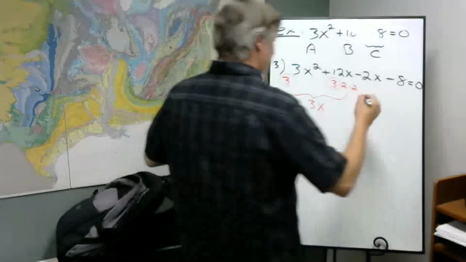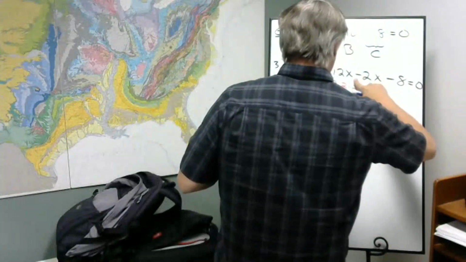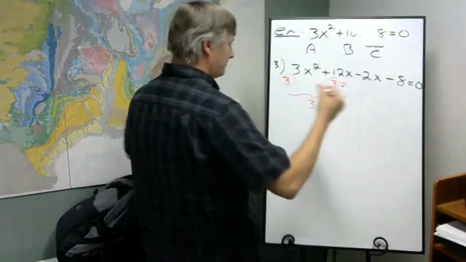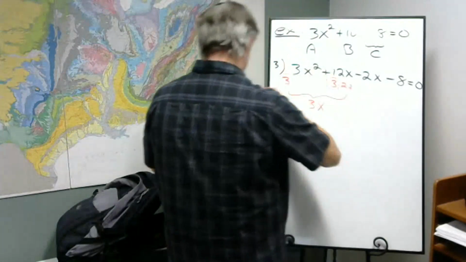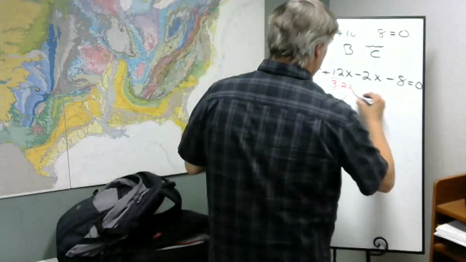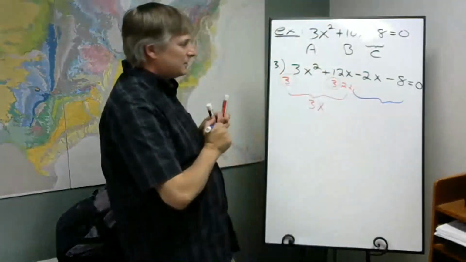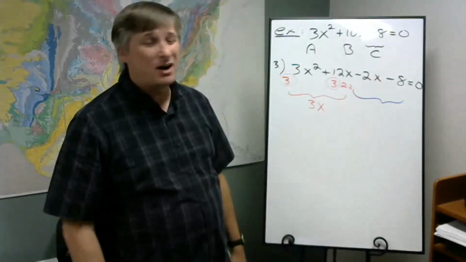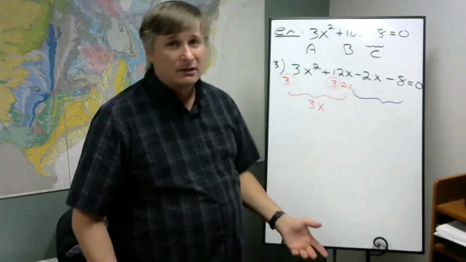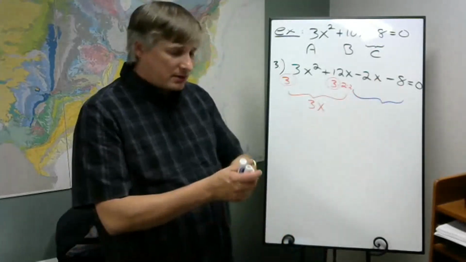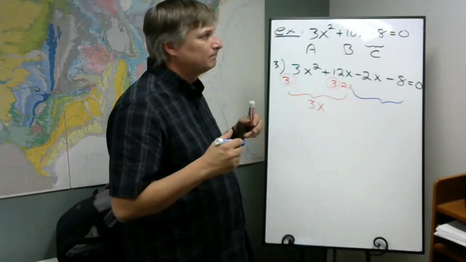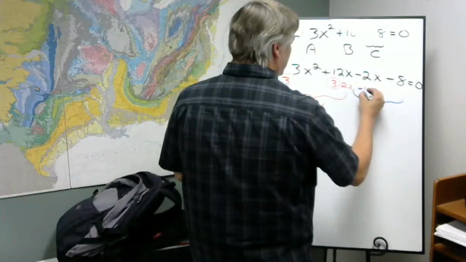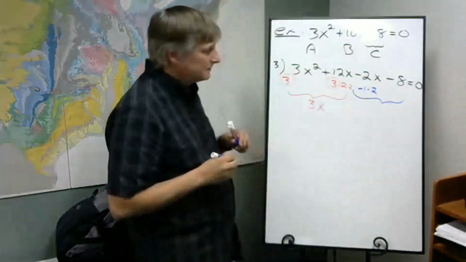Now let's take a look at this. Make a little room here. So as far as variables go, for the second group of 2, there's nothing in common. This has an x, this doesn't have anything. So nothing with variables. Now what about numbers? Again, I recommend breaking out that negative sign. So instead of negative 2, I'm going to go negative 1 times 2.